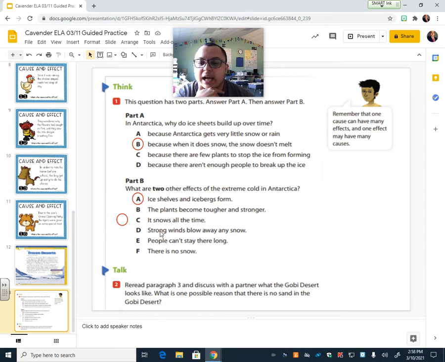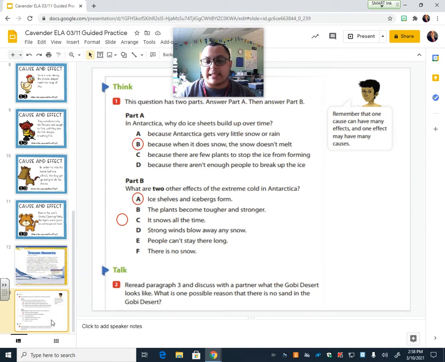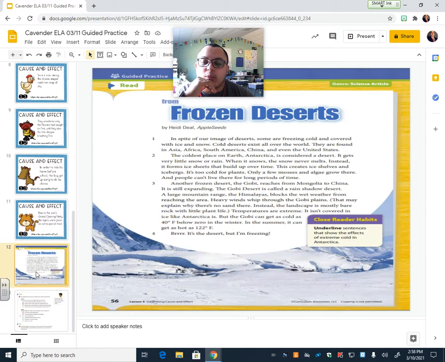Is it D? Strong winds blow away any snow. Well, no, when we go back, it says that the strong winds whip through there, and that explains why it doesn't have sand. E, people can't stay there long. Well, when we go back, it says that the temperatures are extreme. It isn't covered in ice like Antarctica is, but the Gobi Desert can get as low as 40 below zero.